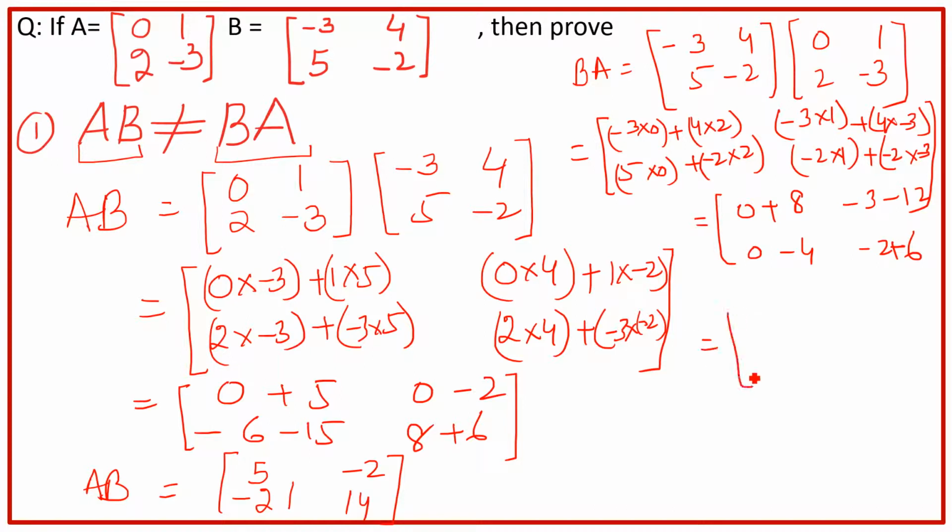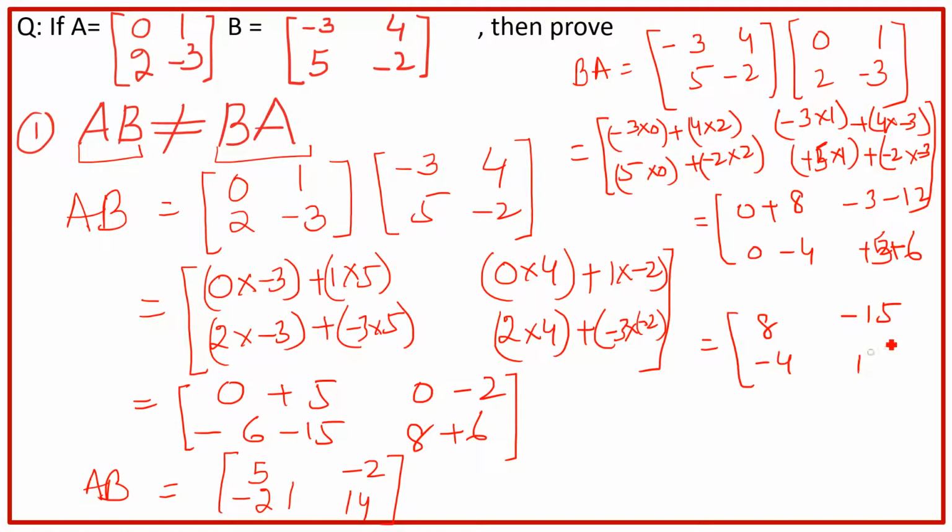And when we simplify it, it is 8, -4, -15, and sorry, it should be 5 here, positive 5 multiplied by 1 and -2, and minus, so it is 11.